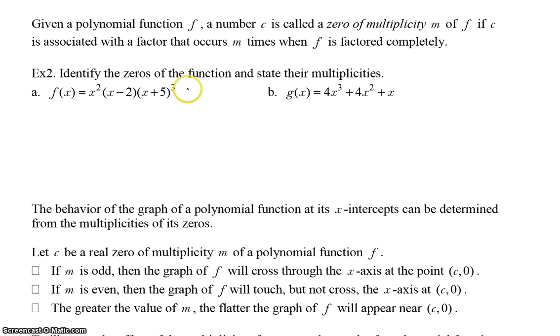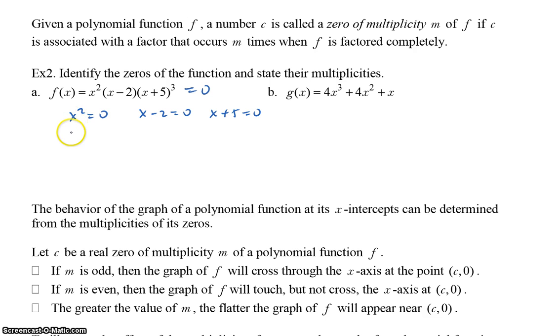If I set the function equal to 0 and solve the resulting equation, we know from algebra that if we have the product of factors equal to 0, it means that we could set each factor individually to 0: x squared, x minus 2, or x plus 5 in this case, and by solving, come up with a solution of the equation f of x equals 0.